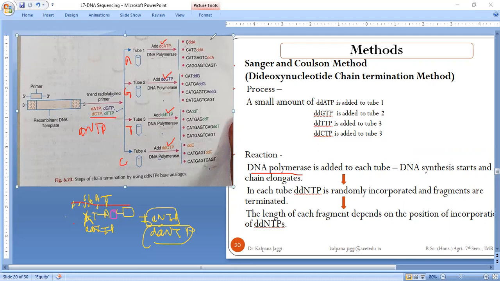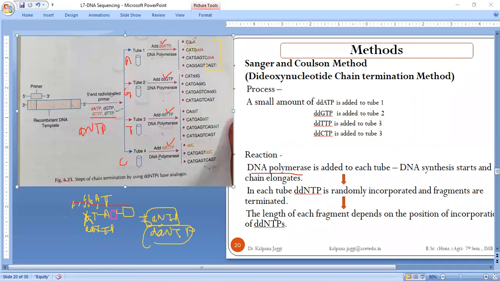You would better understand it with this example. Here we added ddATP, then we added the enzyme. As soon as the enzyme enters into the reaction, the synthesis of another strand begins. This is A, this is the dideoxy, right? ddA.